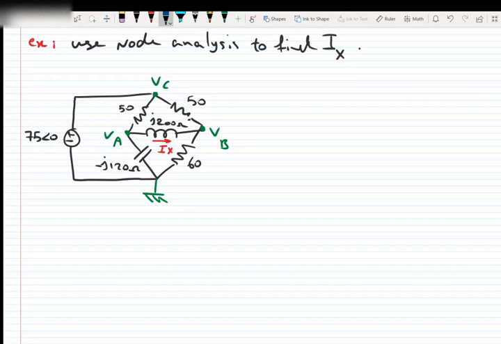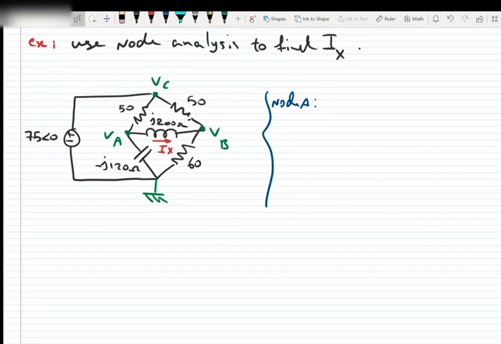If we write KCL for these nodes, we will have for node A, we'll start from node A and we say the total of the currents leaving the node is equal to 0. So the total of the currents leaving the node is equal to the total of currents entering the node.